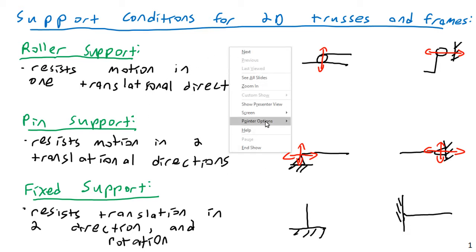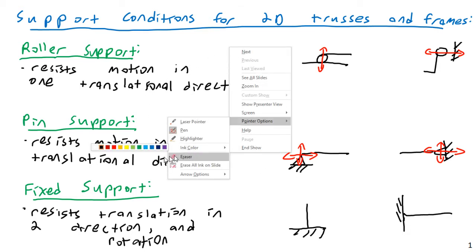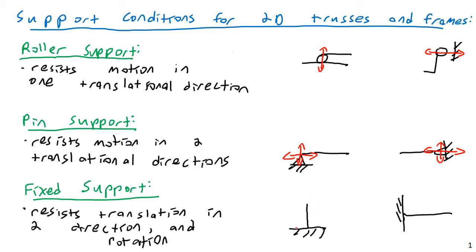And then let's show the reactions here. We will have an X reaction, a Y reaction, and a moment. Same here: X reaction, Y reaction, and a moment. And that is the fundamental difference between pinned, fixed, and roller supports.